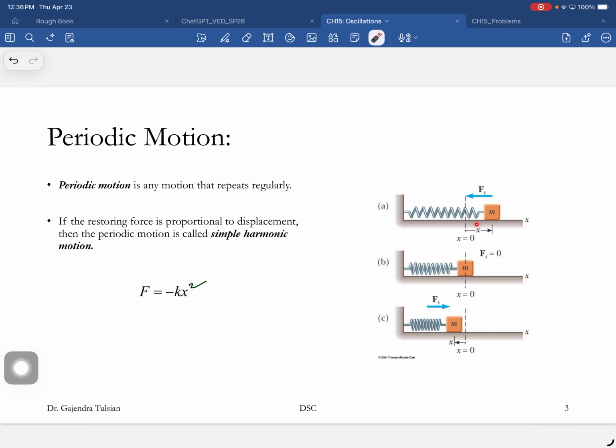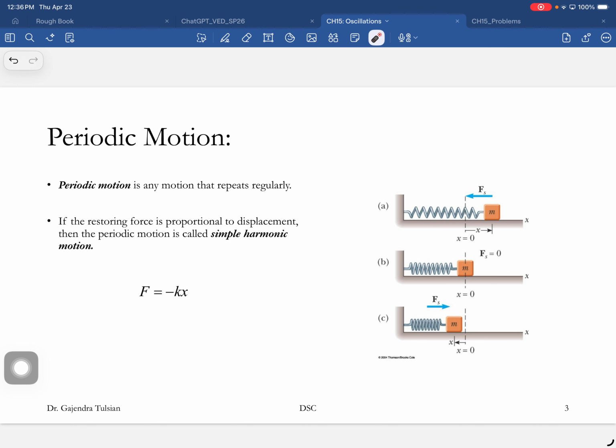Now let me make this thing oscillate with a smaller amplitude. Which one will take greater time? This one or this one? It's the same. Okay? So if the restoring force is proportional to the displacement, the time taken for the oscillation is the same.